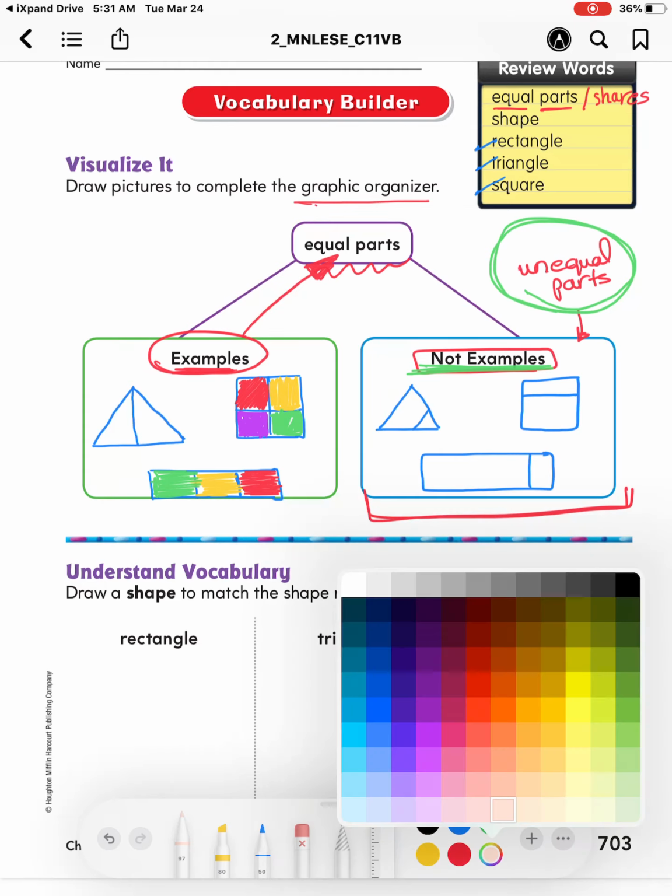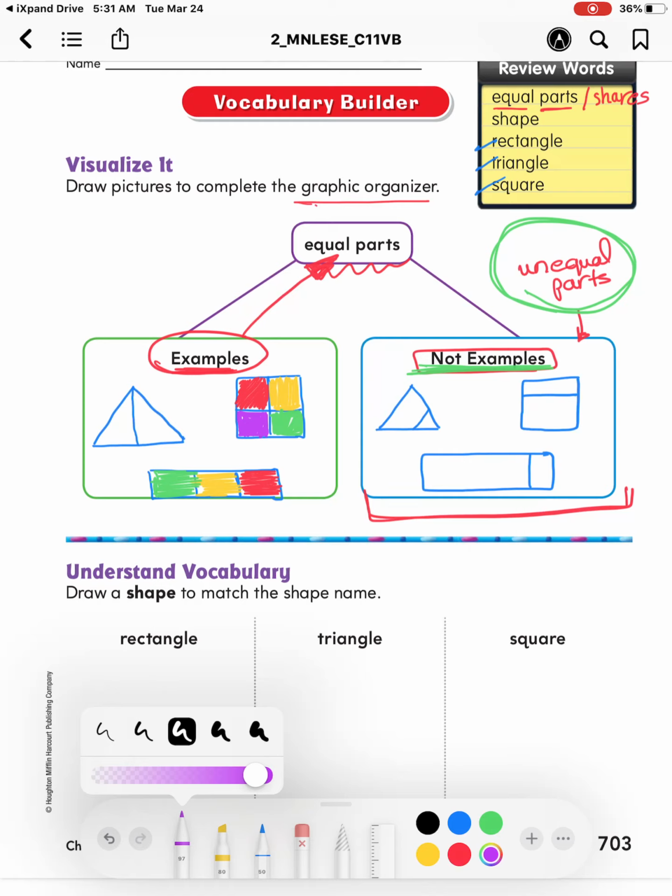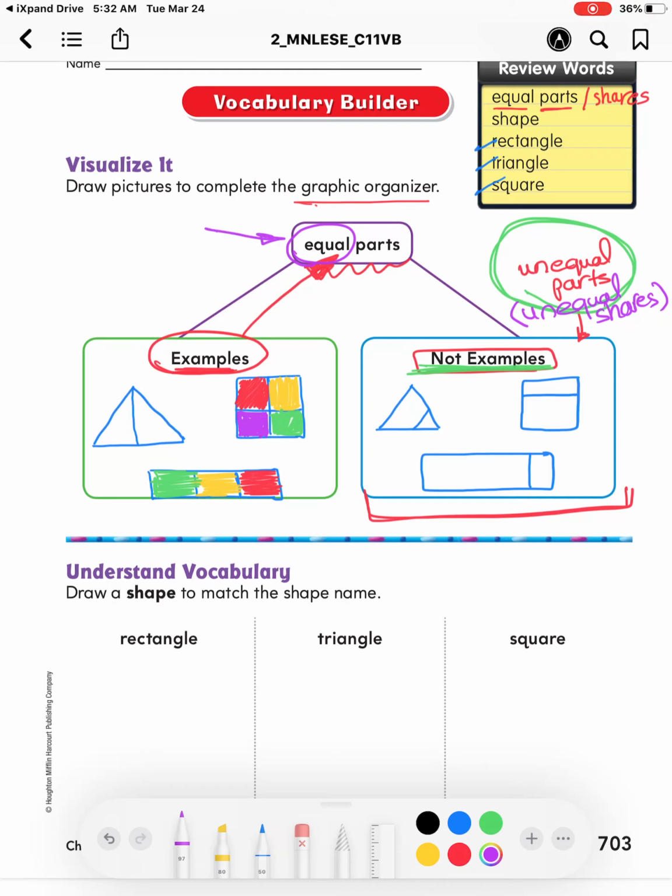So we call it unequal parts. Sometimes we call it unequal shares. So equal parts, we mean parts that have the same size.